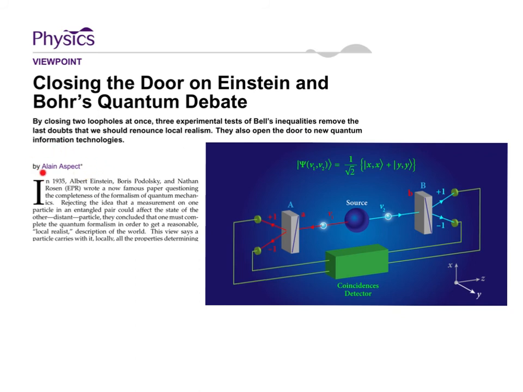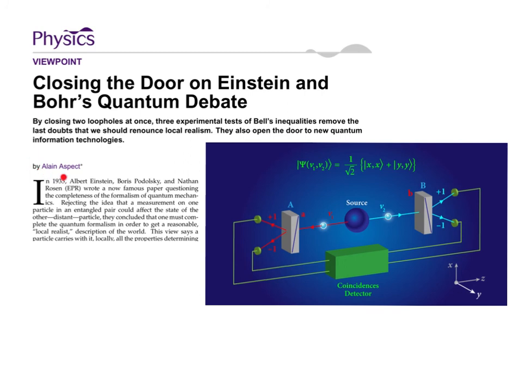This was the experimental work that was quoted in the 1985 paper by David Mermin, Is the Moon There When Nobody Looks, the paper you read last week. And Alain Aspect was a rather young experimental physicist who provided one of the earliest convincing experimental tests of Bell's inequality using entangled photons.